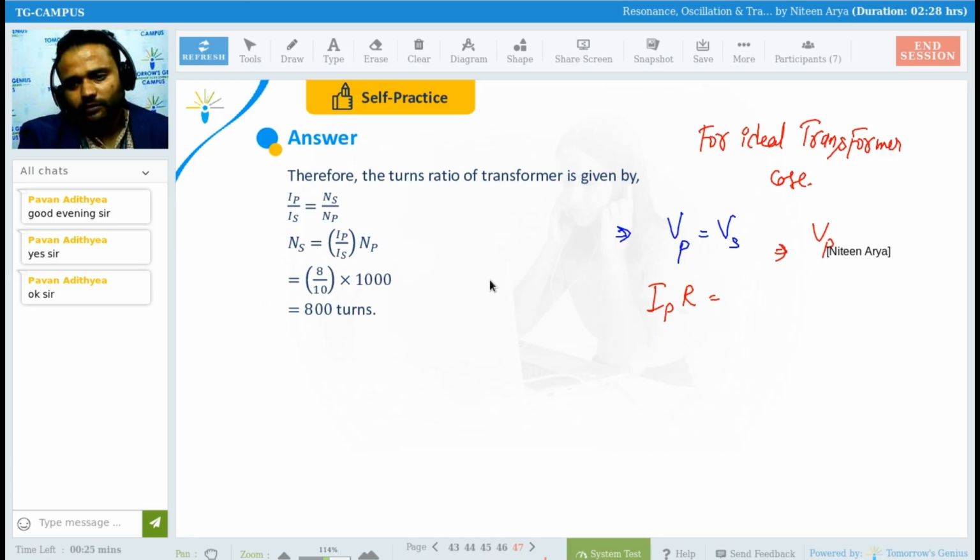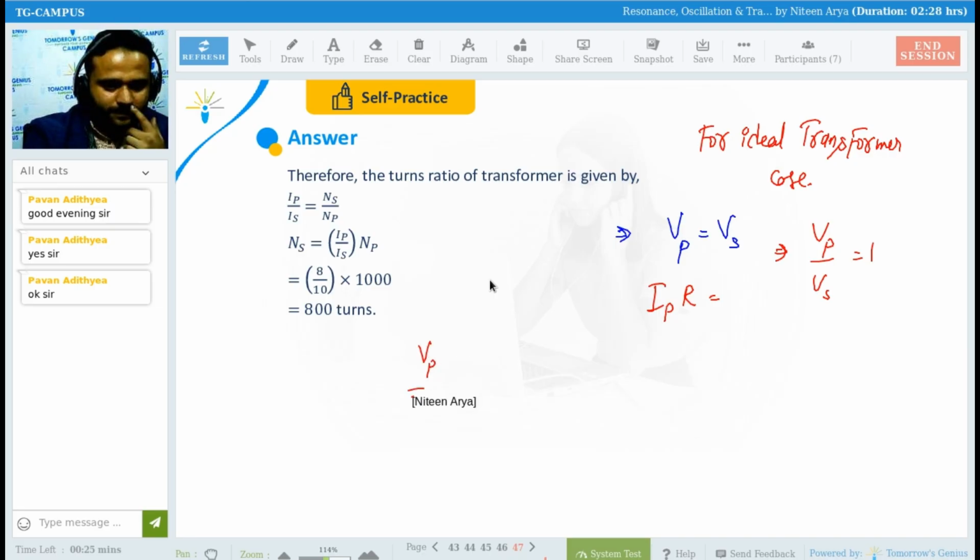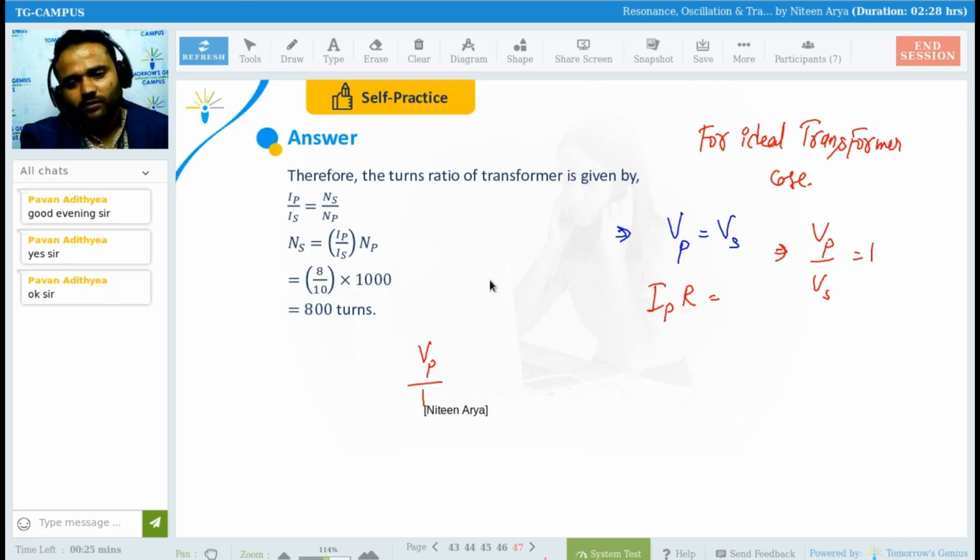From here, what we get, VP upon VS equals 1, and VP by VS is basically NP upon NS.